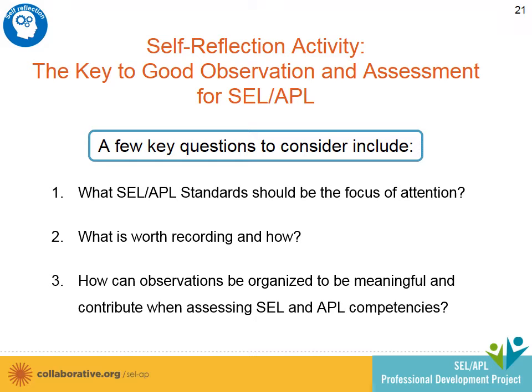There are many other ways to learn about children's SEL and APL skills while you observe them. Some examples are as follows. Watch them with family members when they arrive and leave at the end of the day, which is looking at SEL 5. Observe them engaging in daily routines, jotting down what they're doing or saying, which is SEL 3. Watch them as they play and work with materials and other children, making notes about what you see, which is APL 4.